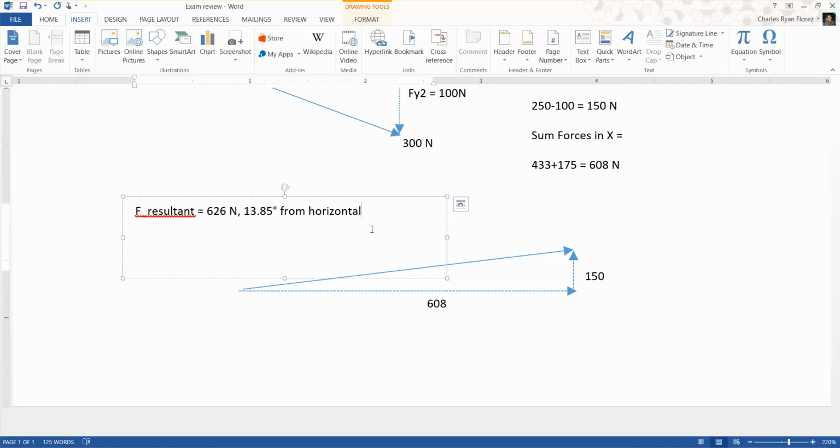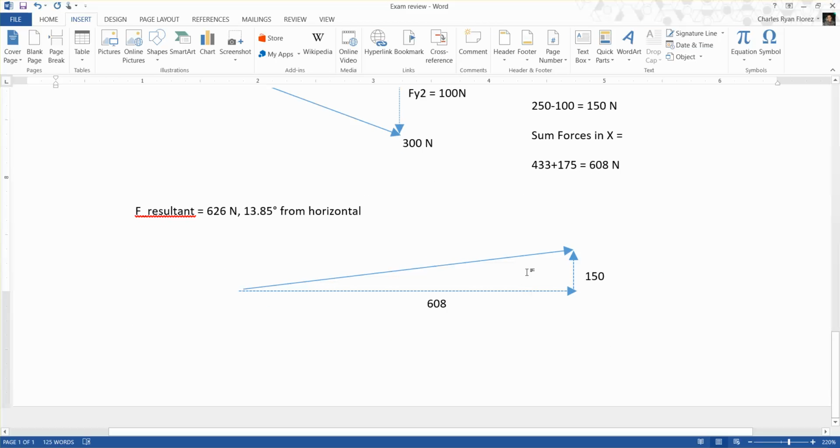With the right hand rule, if you hold out your right hand and curl your fingers inward, like showing thumbs up, the direction of the curling gives you the positive direction. Well, I guess this is getting into torque. Just trust me on this. So 13.85 degrees from the horizontal means counterclockwise in this case.